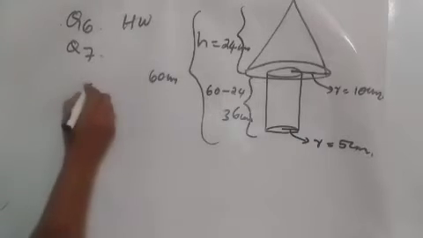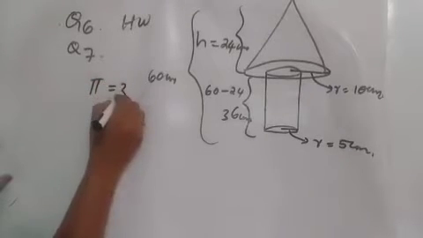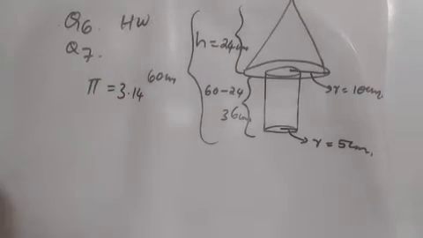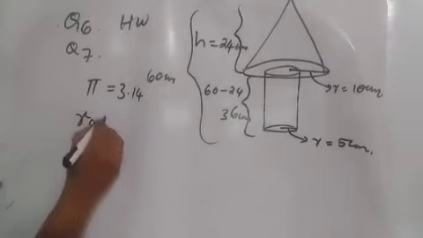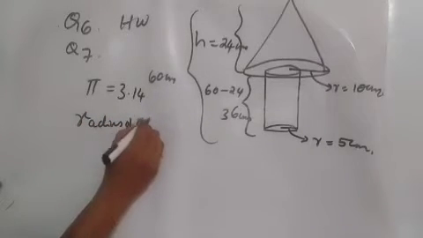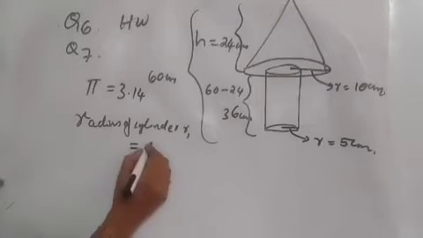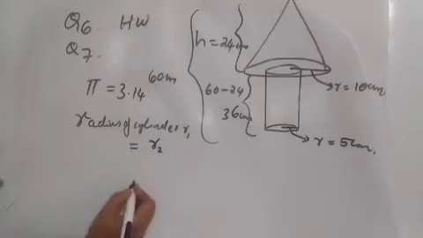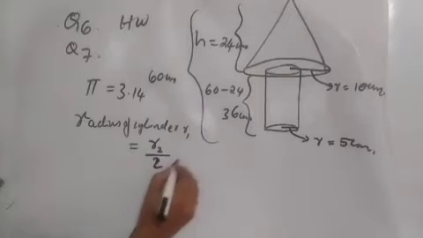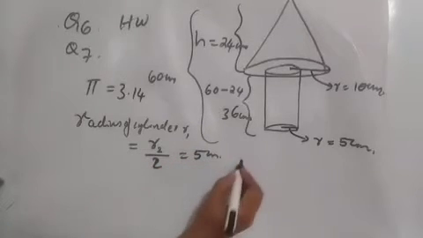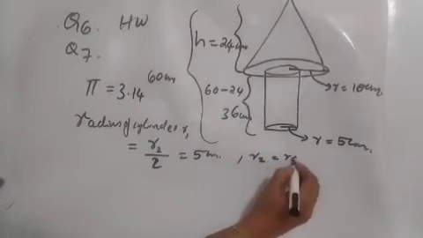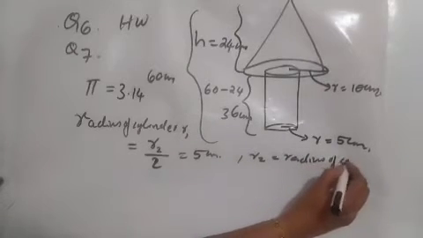And it is given that the value of pi we have to consider as 3.14. How can we obtain the radius of cylinder? Radius of cylinder, we can mark it as R1, is equal to radius of cone, R2, divided by 2. That is 5 centimeter. R2 is the radius of cone.